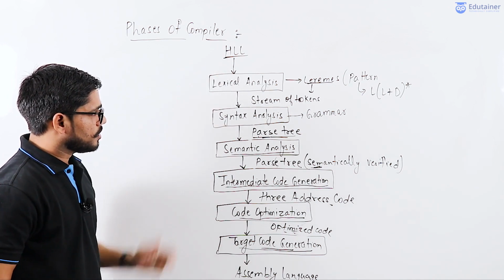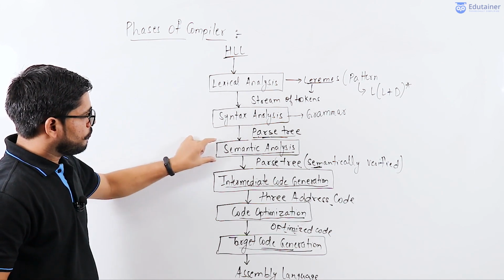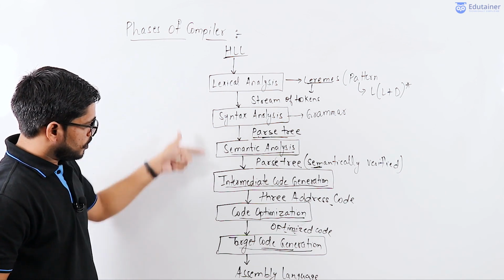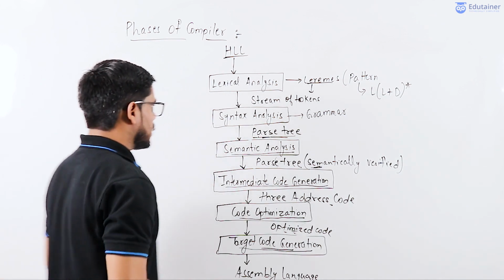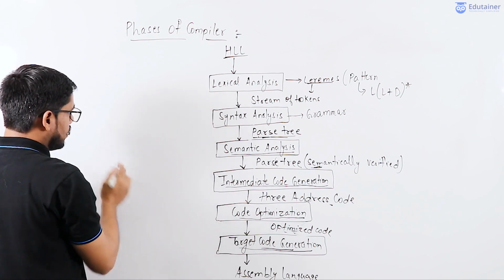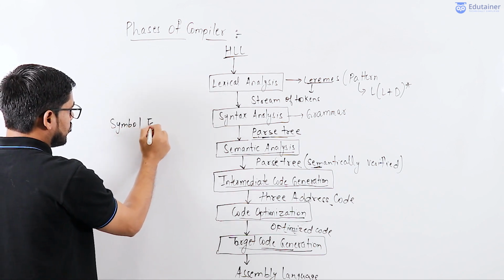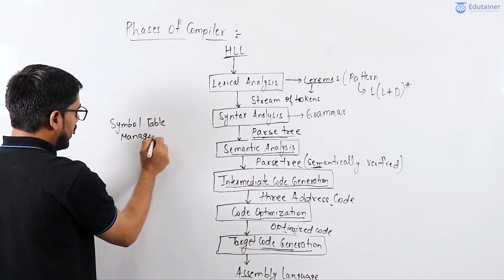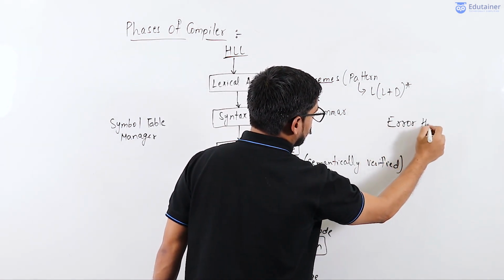But one thing you have noticed here is, if you count the number of phases in this particular compiler design, you get 6 phases. Then where is the 7th phase? The 7th phase is supported simultaneously by all these 6 phases, and this 7th phase is symbol table manager and error handler.